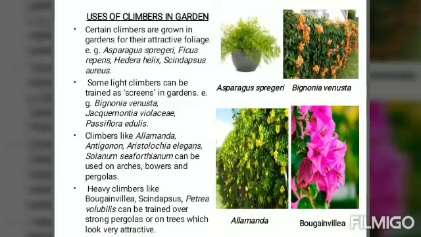Other than bougainvillea, some more examples are Synthapsus and Pyrostegia venusta. If you want to know about them, you can search on the net or Google and find the pictures to see the structure of the flower. So these are some uses of climbers in the garden.